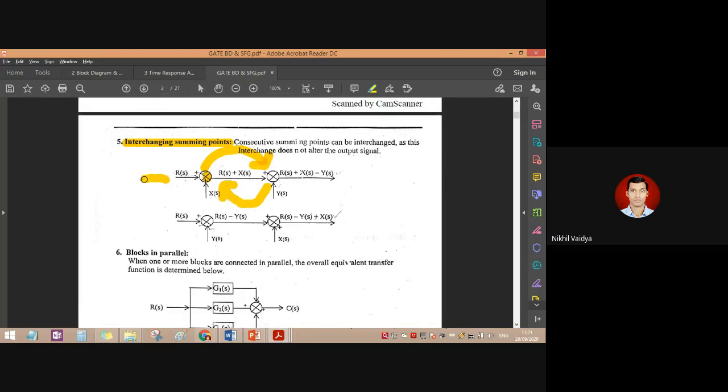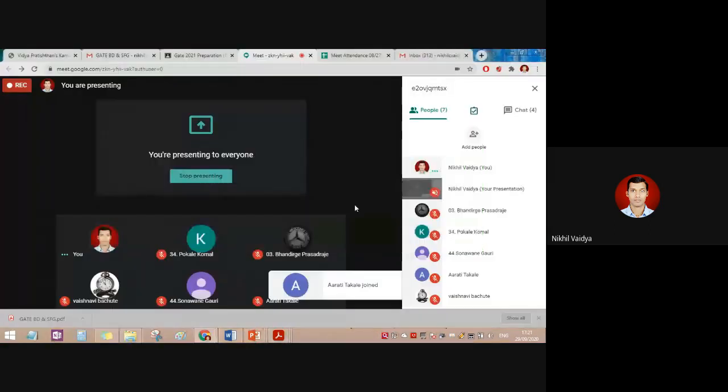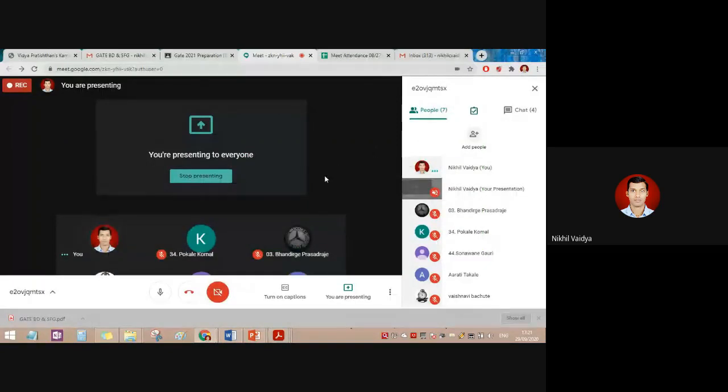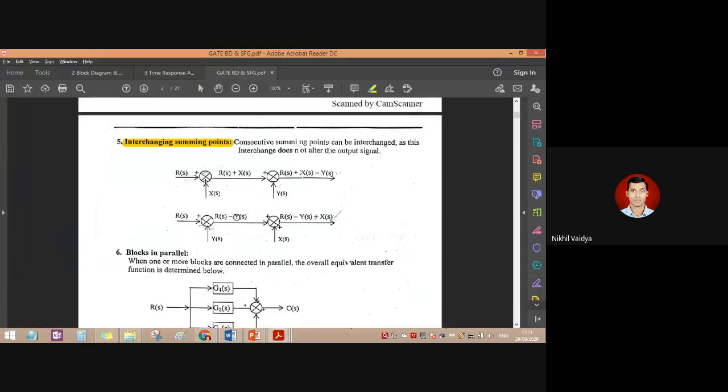We have to do the change in such a way that there will be no change in the final value. Any queries? Okay, we'll move further. So consecutive summing points can be interchanged, and this interchange does not alter the output signal.